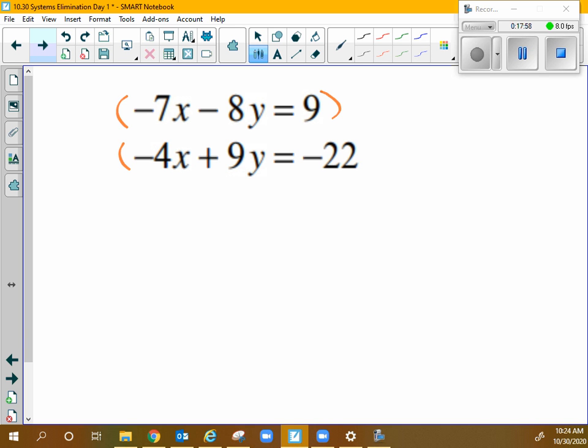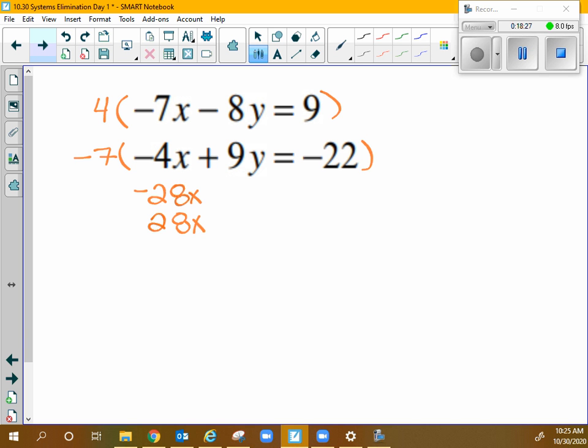Okay, so let's make this one the opposite so we can get this to be a positive value. So let's get 22 to be positive. So -7, and then what would I multiply the top one by? +4, right? Because then this is going to give me -28x, and this one's going to give me +28x, right? And that's going to set me up to cancel.